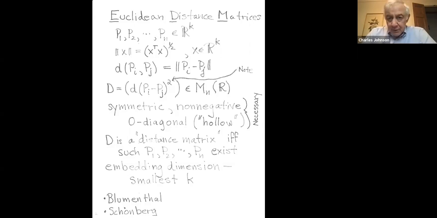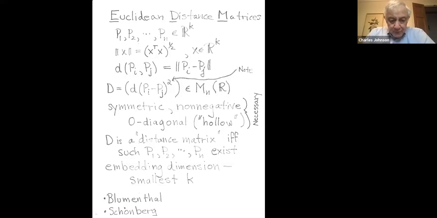Now, the real space that we're working in is called the embedding dimension. And many things that I'll say can be extended to a fixed embedding dimension. But as was noted in the last talk, in general, things become much more subtle when you worry about the embedding dimension.